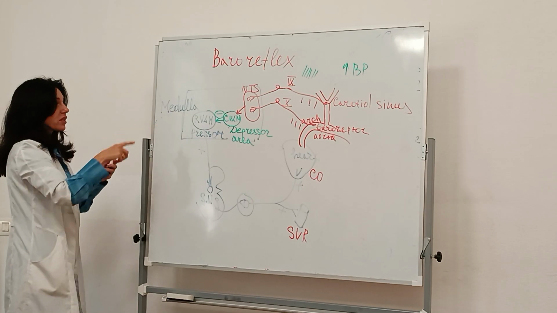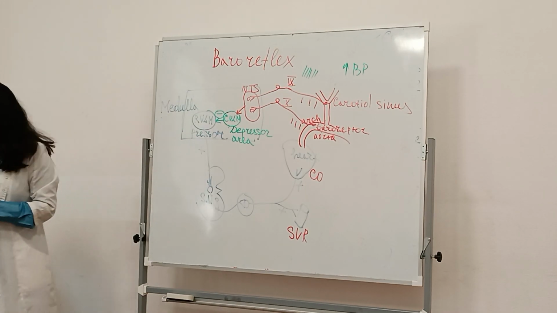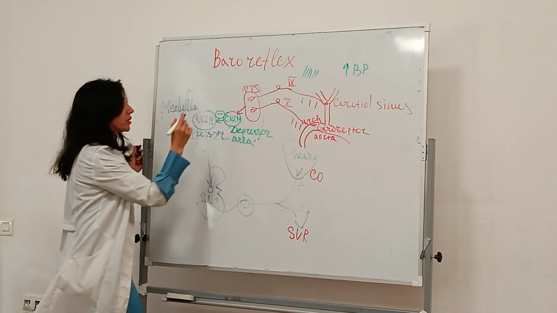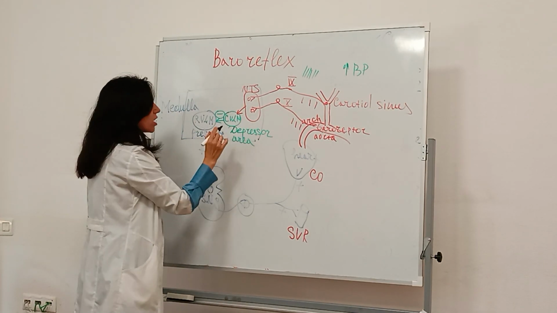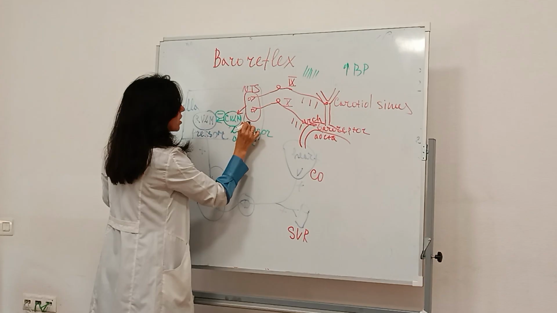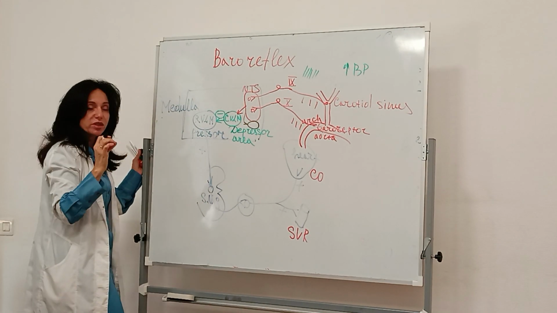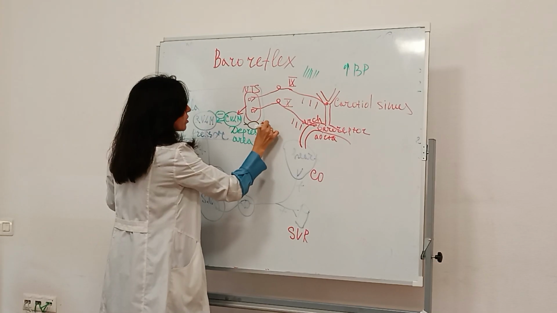But this reflex has a branch to the parasympathetic output to the heart, the vagus nerve, from the nucleus ambiguus.